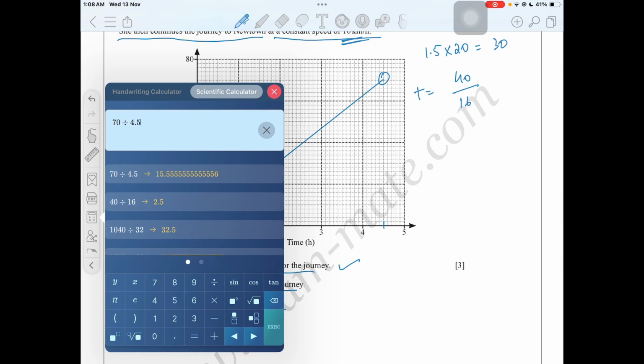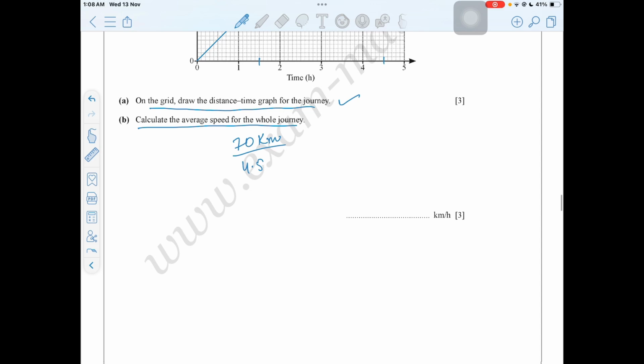Yes, this is 15.55 or something. Average speed is basically calculated by using the formula of total distance traveled upon total time taken. So this is 15.55.